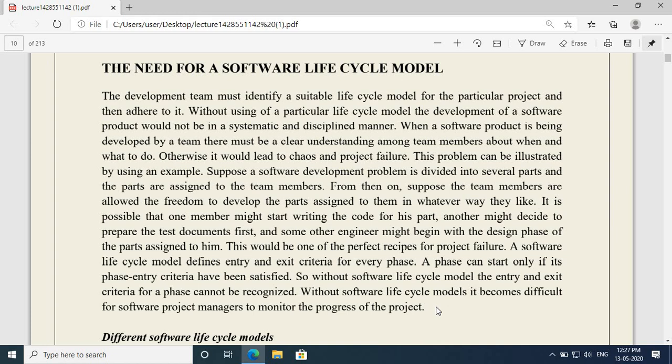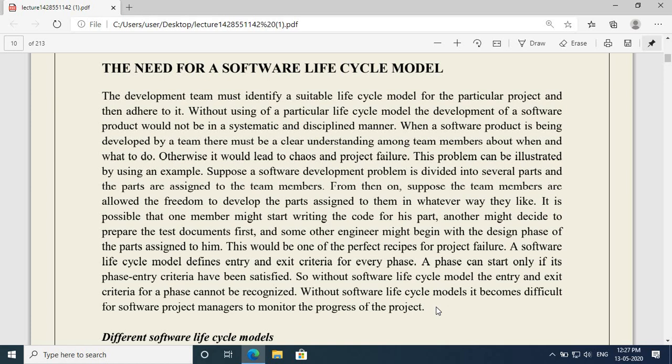So for a disciplined manner of development of software, every team must follow a lifecycle model, that is known as a software lifecycle model. If we follow a software lifecycle model, there must be one entry phase and one exit phase.